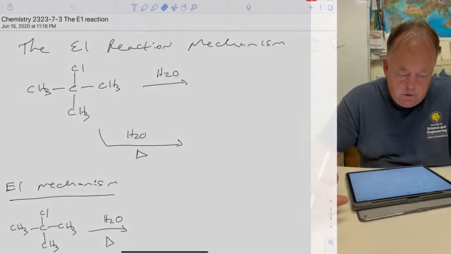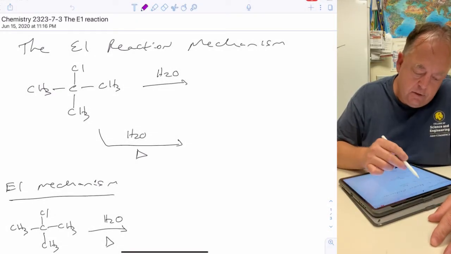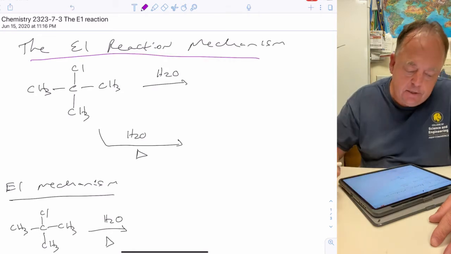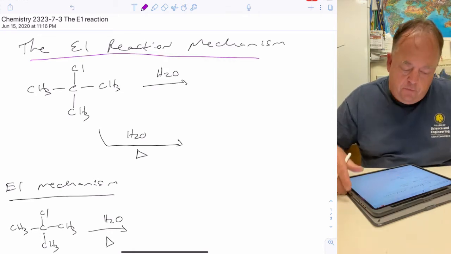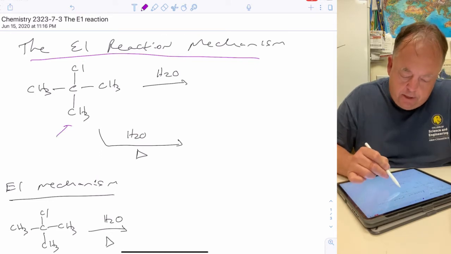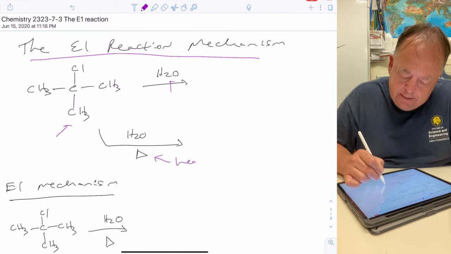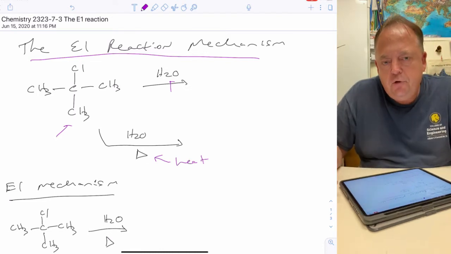Okay, so in this lecture, we will cover what's known as the E1 reaction mechanism. If we take this reaction, take tert-butyl chloride and react it with water versus water with heat (if you remember, that symbol means heat), then you get two different products.